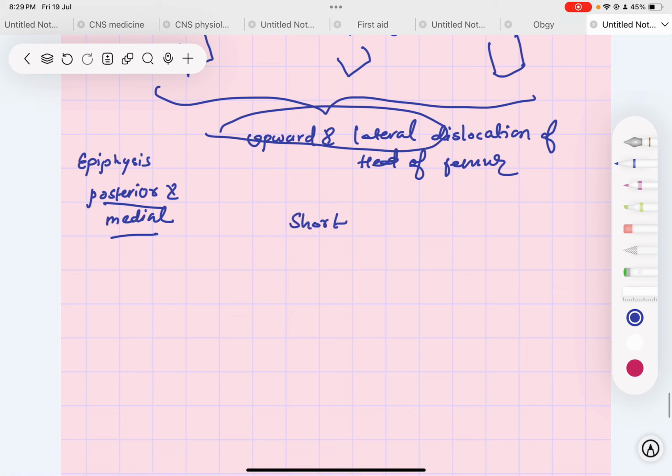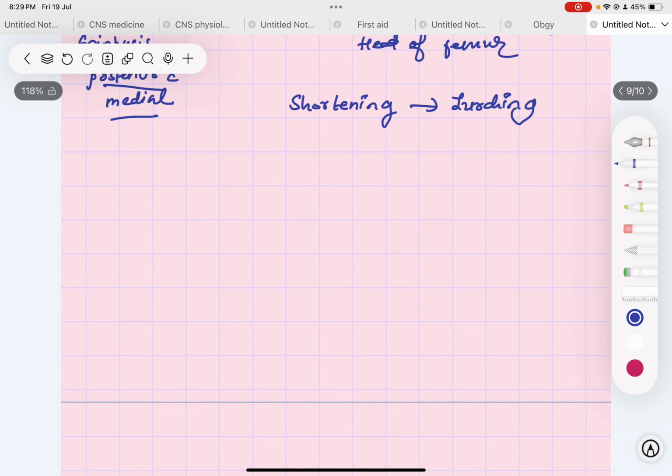And the gait will be shortening, followed by lurching.